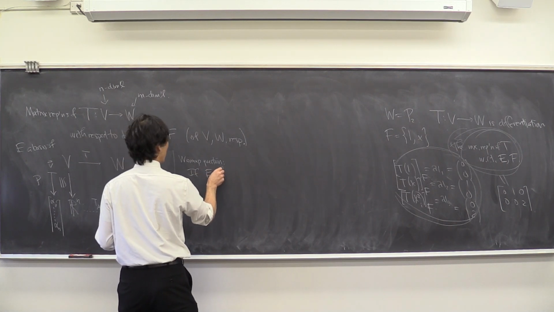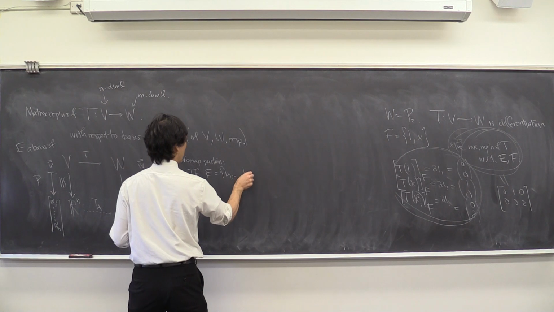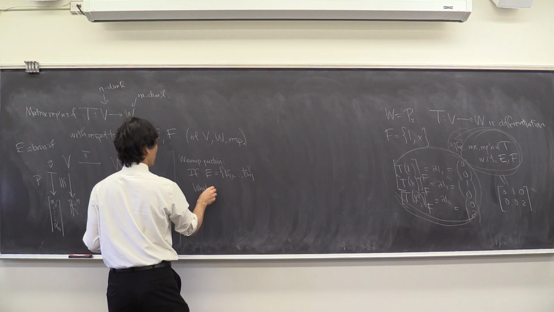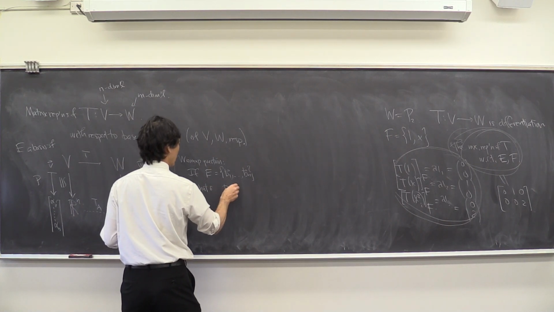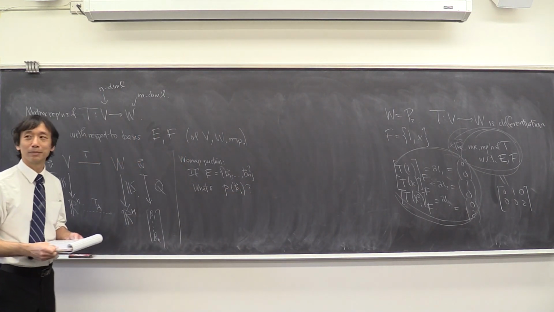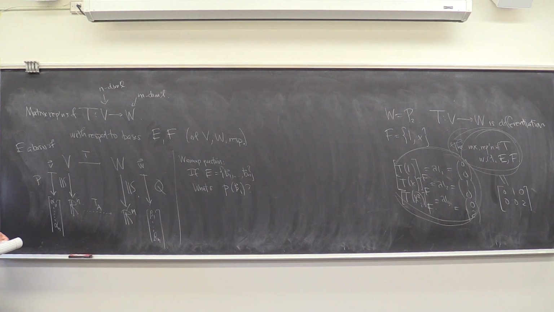If E is B1 through Bn, what is P of B1? One, you're close, but you're a little bit off.